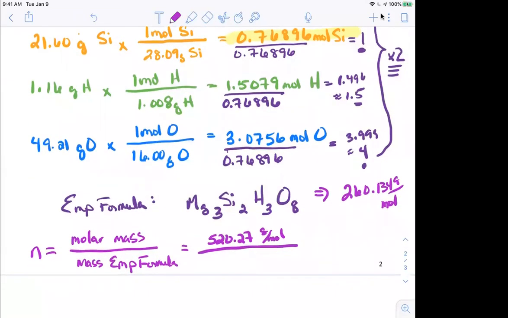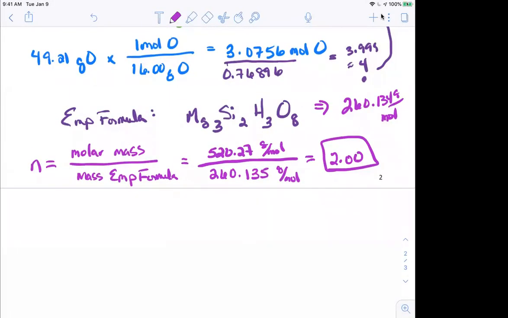And I'm going to divide 520.27 by 260.135. What I'm going to notice is that 520.27 divided by the mass of my empirical formula gives me an integer value of 2.